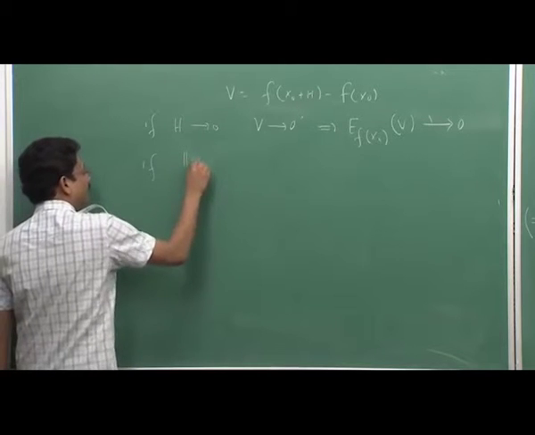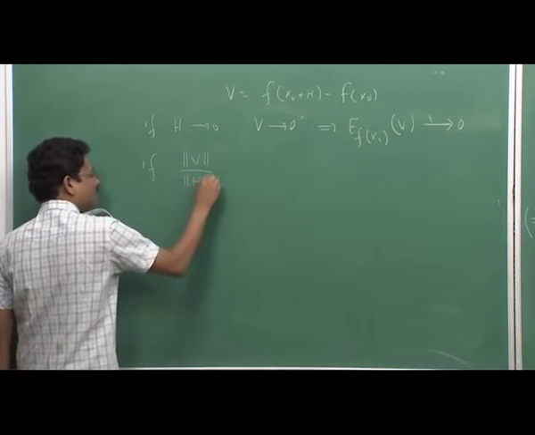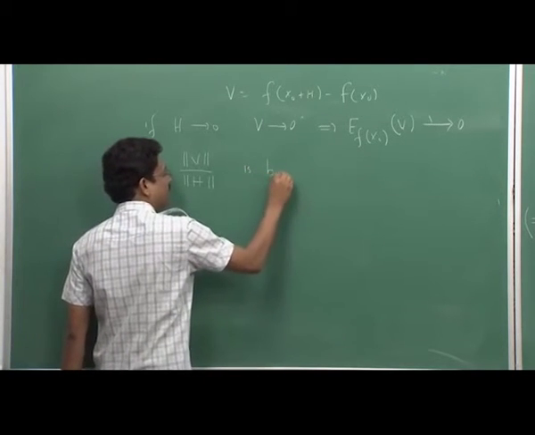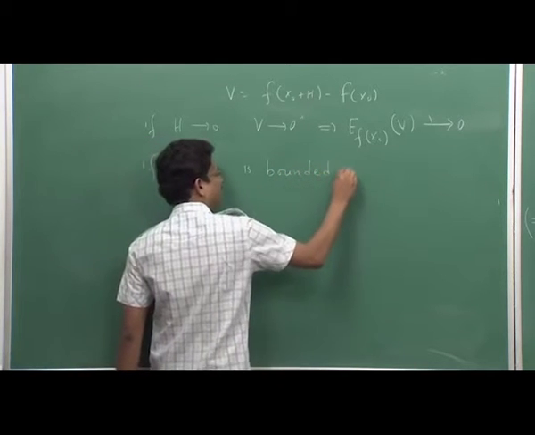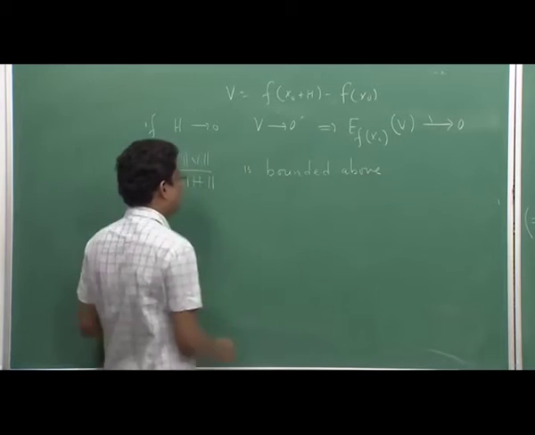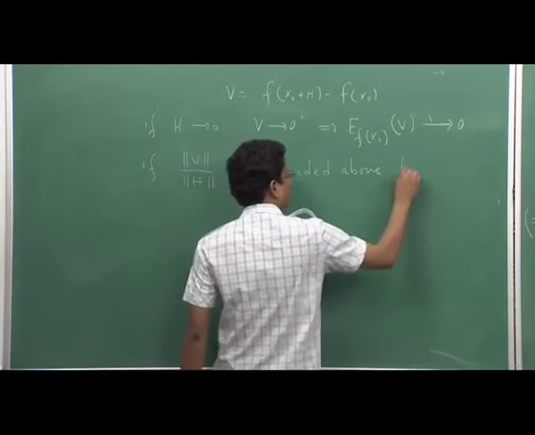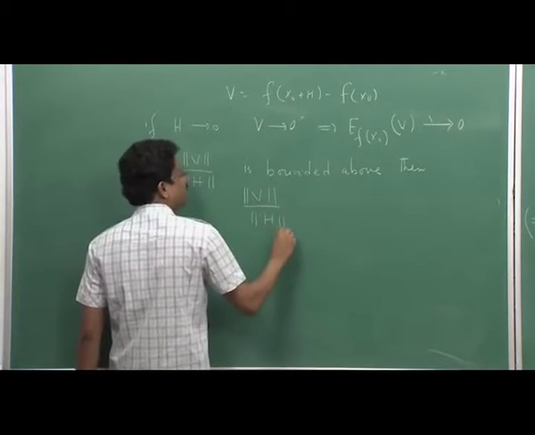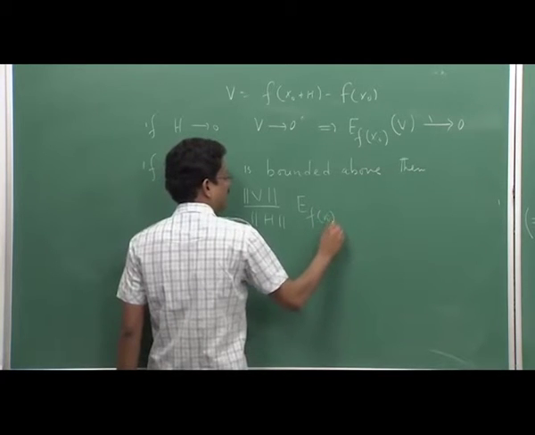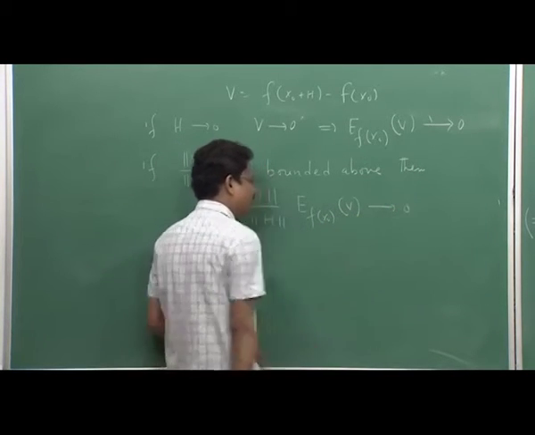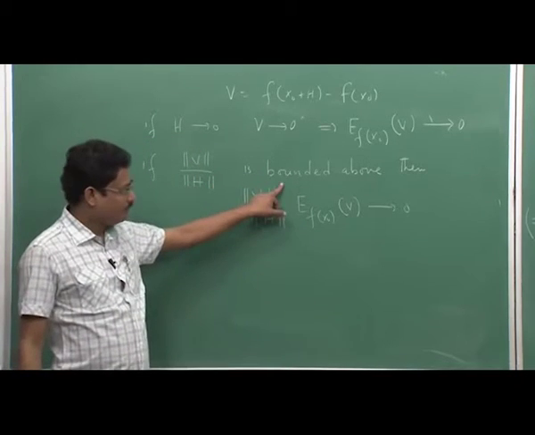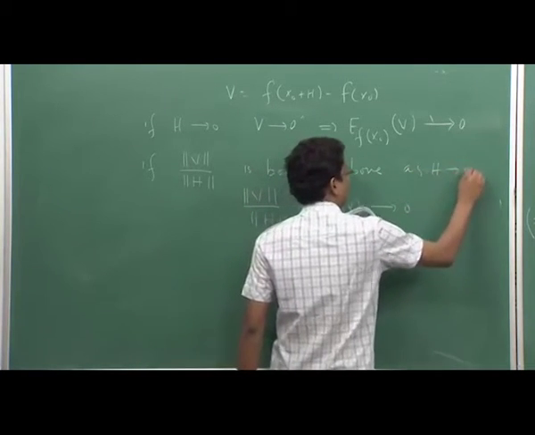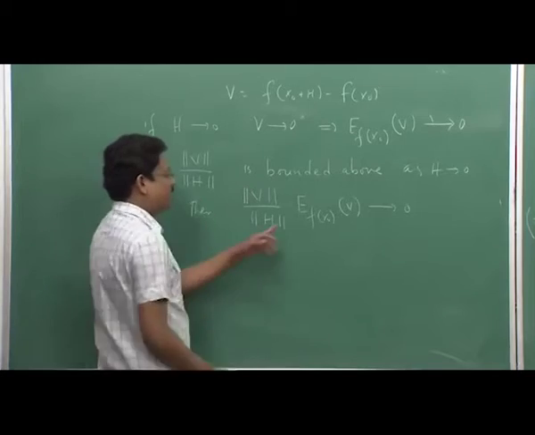If norm V by norm H, something goes to 0 and this is a scalar. If this is bounded above, this is a positive quantity, bounded below by 0 and bounded above, then if I multiply something bounded above, as H goes to 0, with something that goes to 0, that goes to 0.